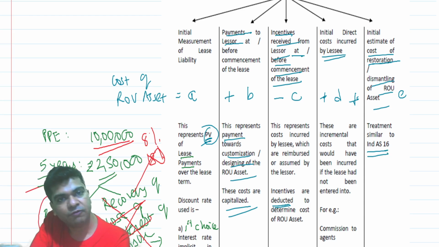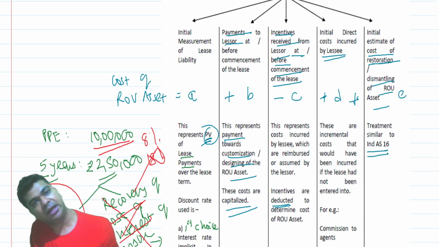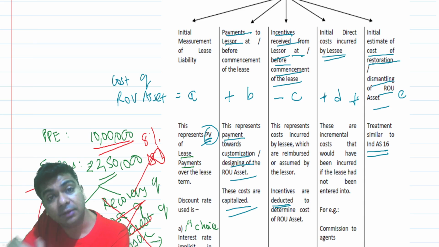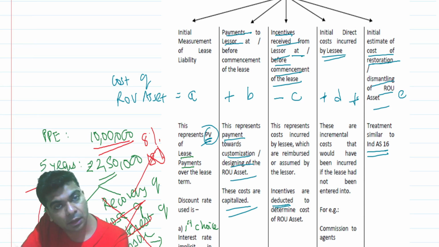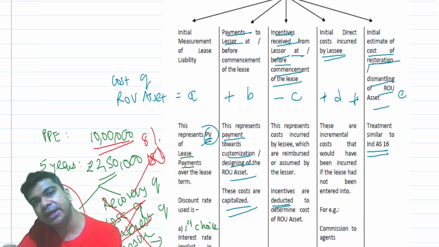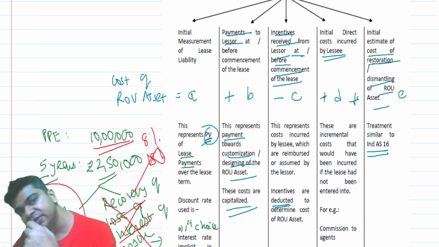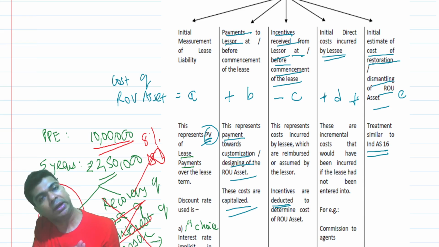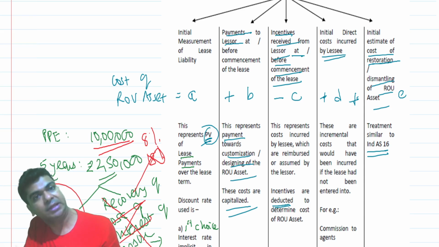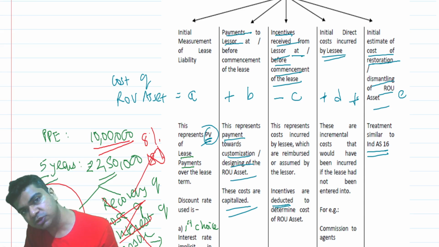So you will have to figure out, for example, you are entering into a lease agreement for 10 years. At the end of the 10th year, the leased asset will be returned back. When the leased asset will be returned back, are you going to incur any dismantling expenditure? If the answer is yes, then estimate what that dismantling cost will be, discount it and find out what is its present value.